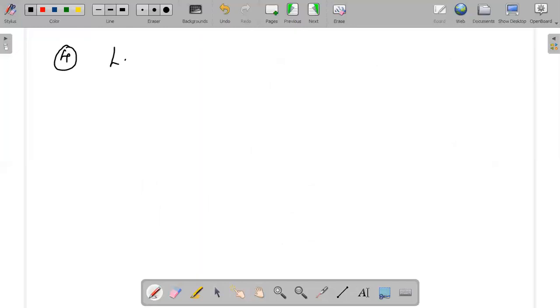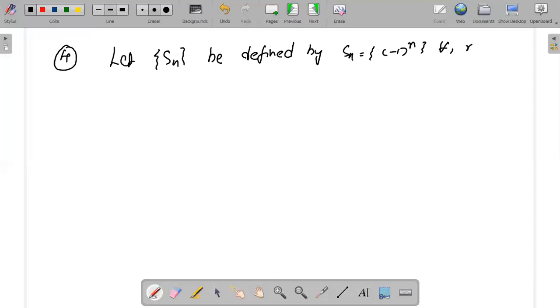Now, let us consider another sequence Sn be defined by Sn equal to minus 1 to the power of n, for all n belongs to Z plus. For n is equal to 1, S1, we get that as minus 1.